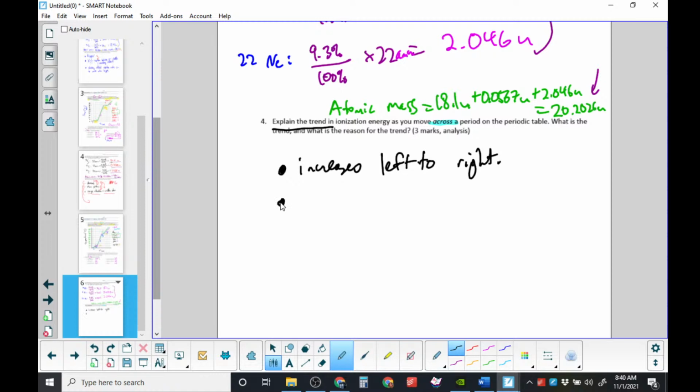If it increases from left to right, and it's the energy to pull off an electron, what is the reason for the trend? Well, from left to right, the number of protons increases from left to right. Am I in the way? Sorry. Oh, and we're doing way down there. And then the last one, you have to link those two things together.